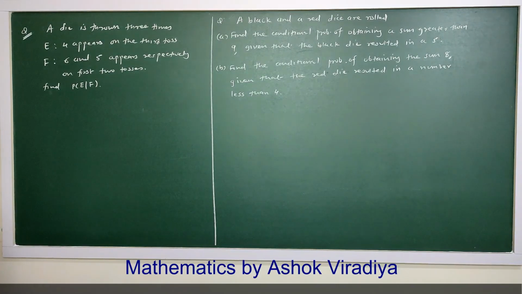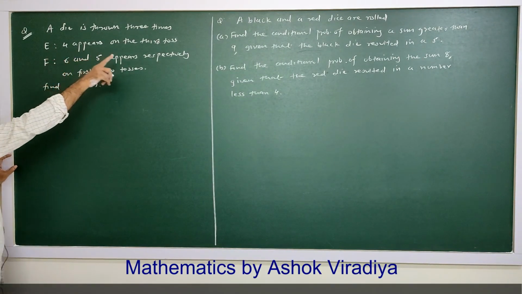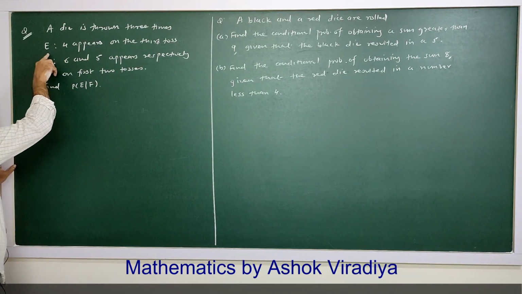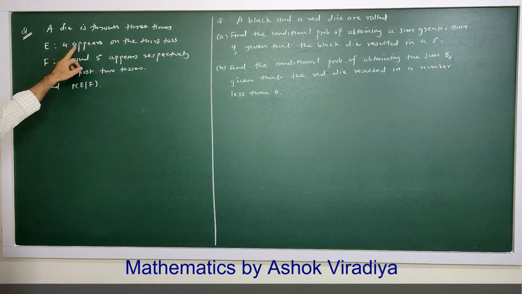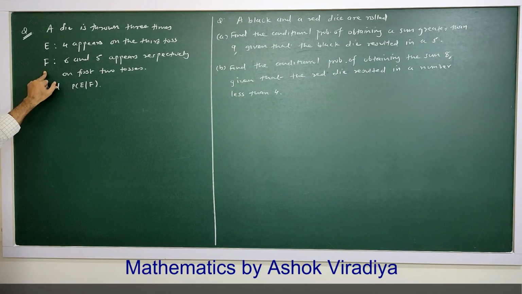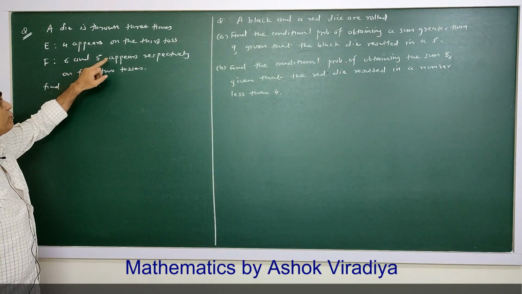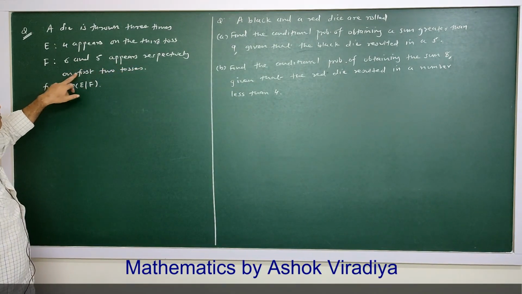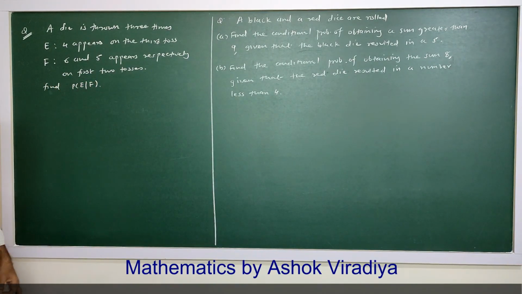Say here, a die is thrown 3 times. E is the event that 4 appears on the third toss. F is the event that 6 and 5 appear respectively on the first 2 tosses.